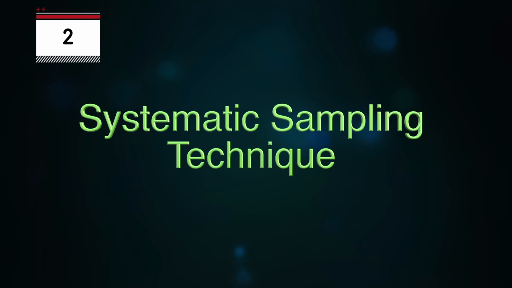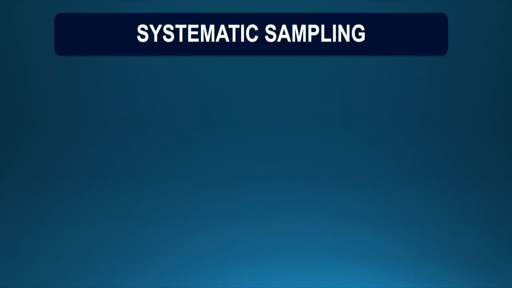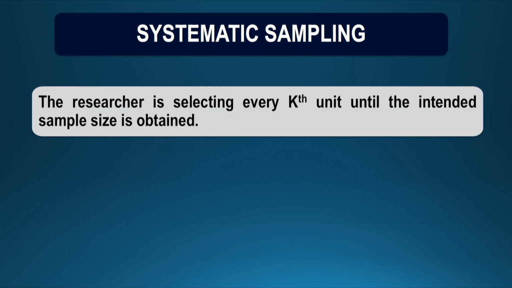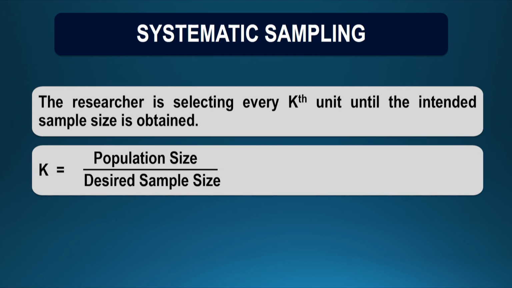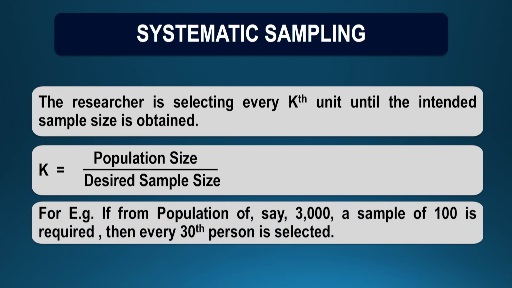Systematic sampling technique is different from simple random sampling technique because in this technique there is no independent selection of the members of the sample. There is a systematic way to be followed to select individuals for the sample. In systematic sampling, the population size is divided by the desired sample size. For example, if from a population of 3000, a sample of 100 is required, then every 30th person is selected from that list.